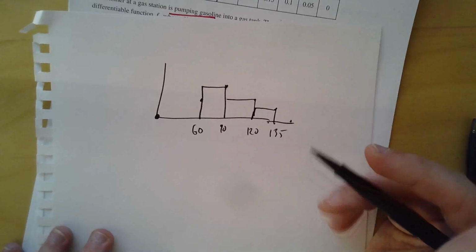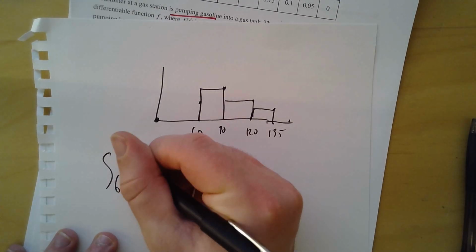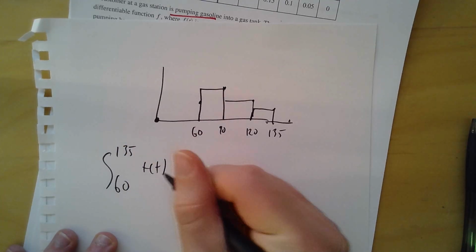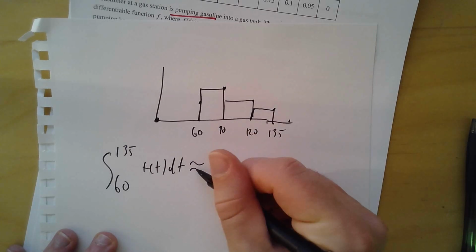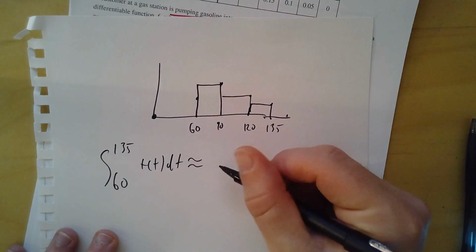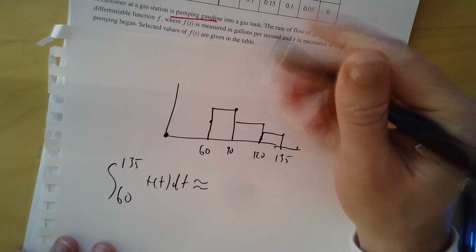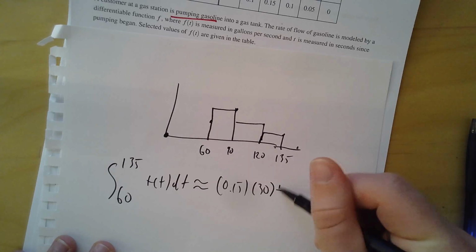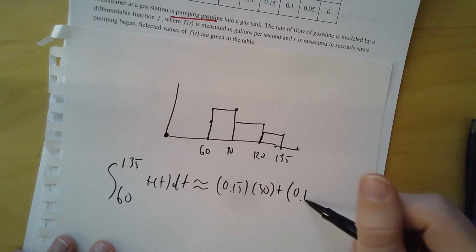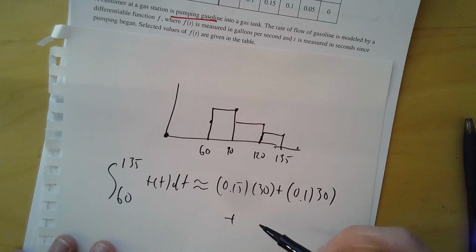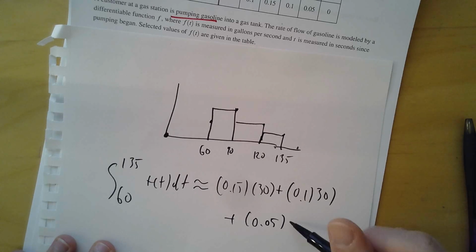So we'd say that the integral from 60 to 135 of f of t dt is estimated to be equal to 0.15 times 30 plus 0.1 times 30 plus 0.05 times 15.